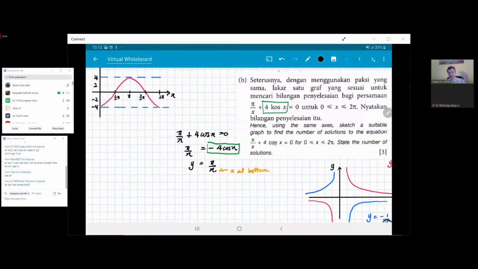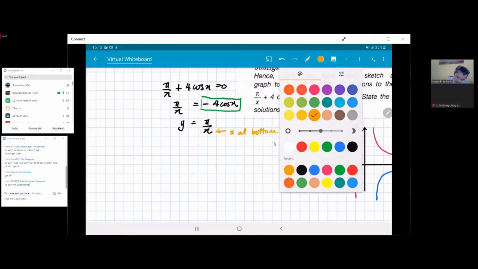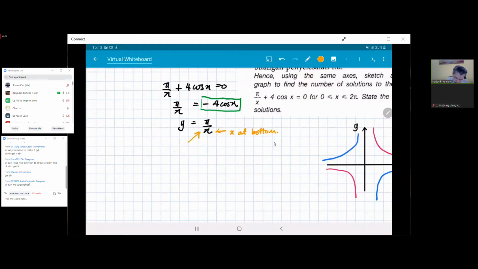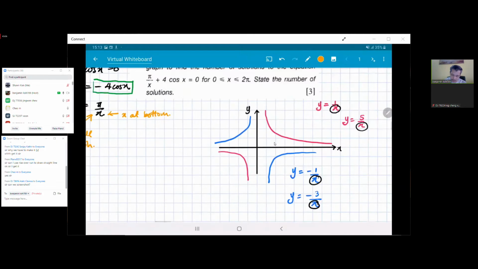Number 2, don't waste your time building a table. No need. You know why? Because this sketch is only a sketch. It does not need to be accurate. Number 3, you need to know whether it's a positive graph or a negative graph. Here, this is a positive pi, so this is a positive graph. You know why? Because your reciprocal only has two: one is positive, the red graph, and one more is negative, the blue graph.